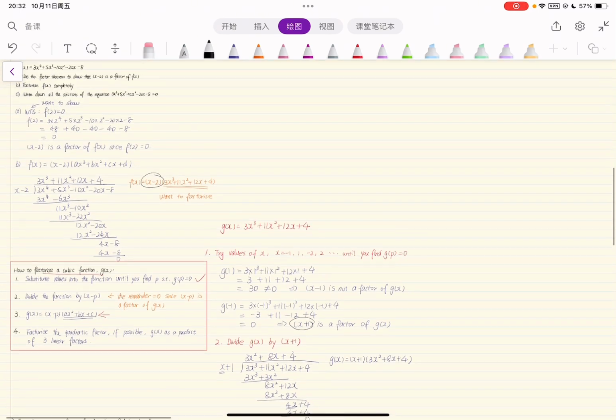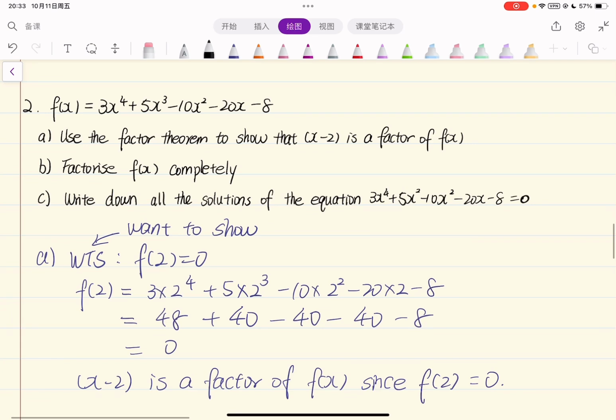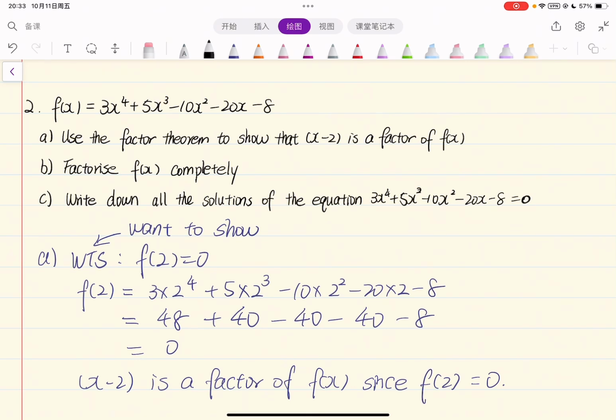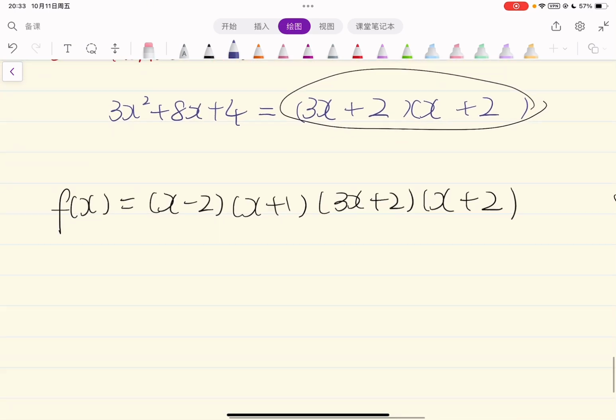Now let us see the part C question. It asks you to write down all the solutions of the equation 3x to the power 4 plus 5x cubed, sorry, it should be 5x cubed, minus 10x squared minus 20x minus 8. We can see that this is f(x) equals 0. From part B, we have factorized it completely.